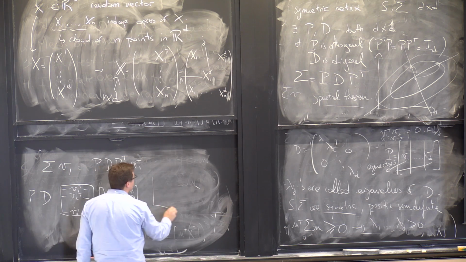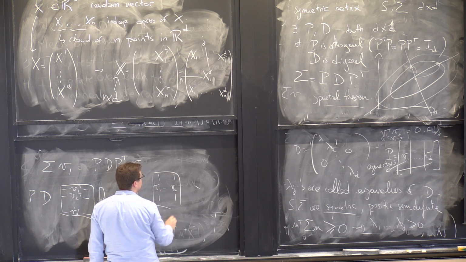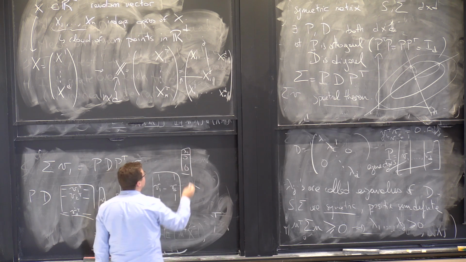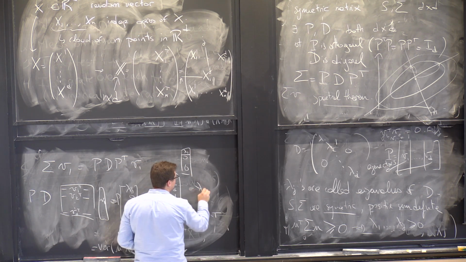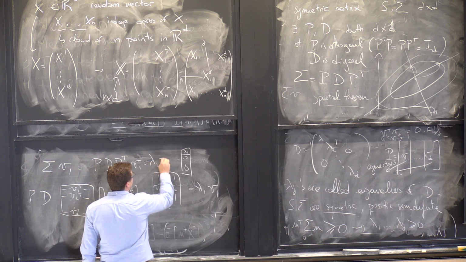Well, P is V1 all the way to Vd. And now I multiply by a vector that only has zeros except lambda 1 on the first guy. So this is just lambda 1 times V1. So what we've proved is that sigma times V1 is lambda 1 V1.